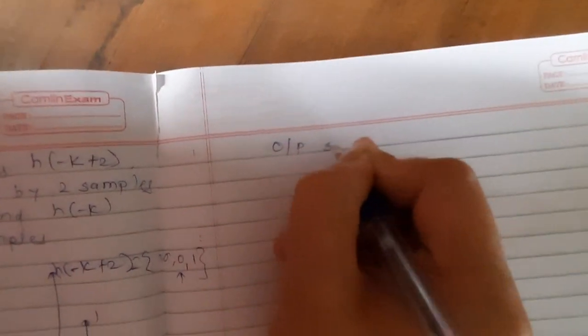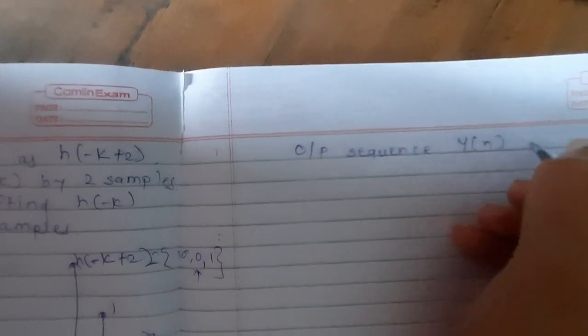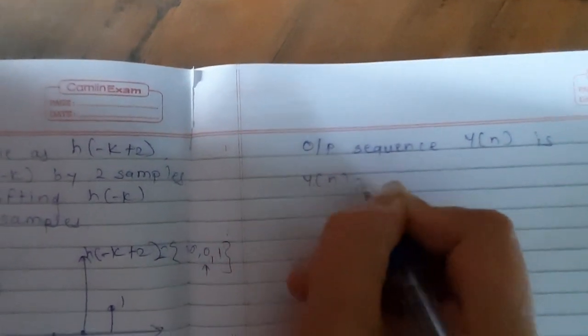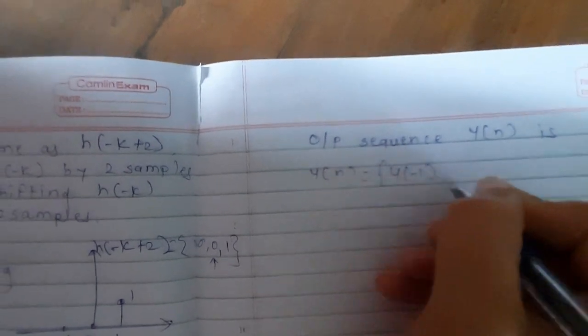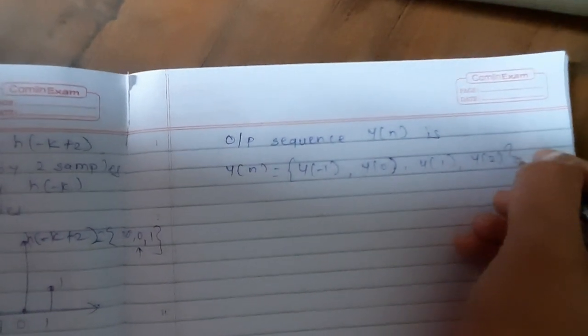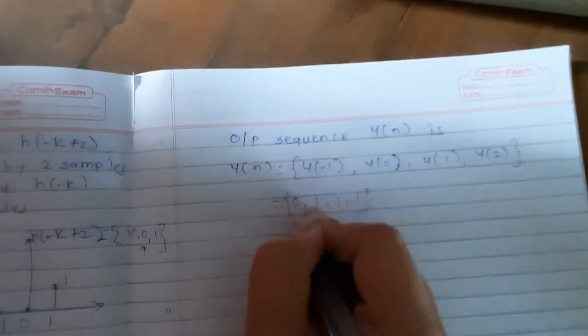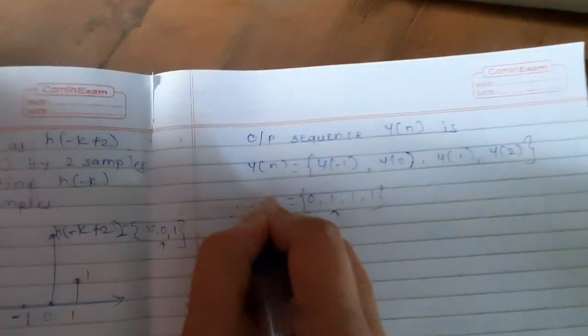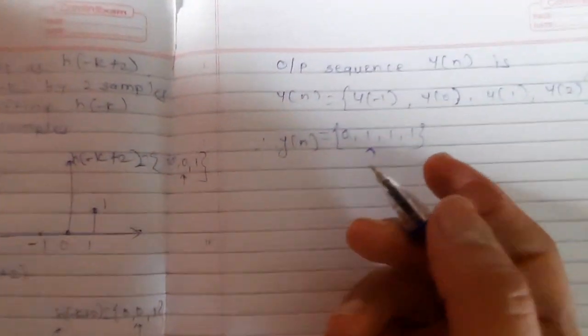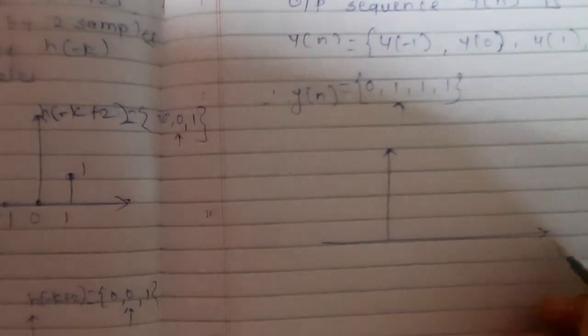So the output sequence y of n is equal to y of minus 1, y of 0, y of 1 and y of 2. Now we have to plot it, so it can be plotted with n and y of n.